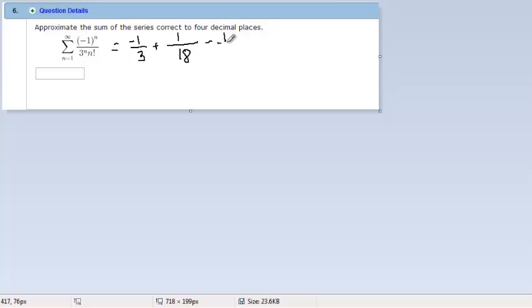And I have minus 1 over 3 to the power 3, which is 27, times 3 factorial, which is 6. 6 times 27 will be 162. And I will have the fourth term plus 1 over 3 to the power 4 is 81, times 4 factorial. 4 factorial is 24, so I will get here 1 over 81 times 24.